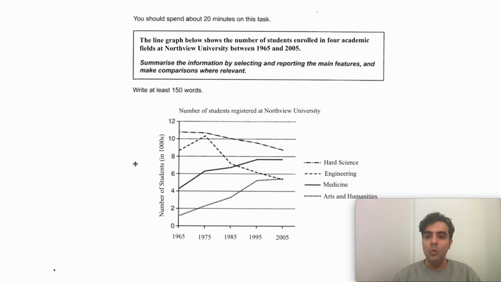But for now, what I need you to do is to be very mindful of the fact that this chart that you're describing will not be visible to the reader. What do I mean by this? I mean, you shouldn't assume that the person reading your report will also have this chart in front of them. The examiner will have access to the chart, but that's different.